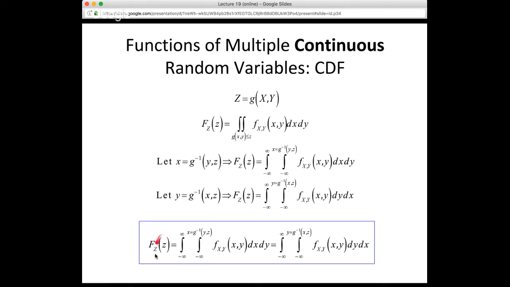So the CDF for Z, that is, the probability that the random variable Z is less than or equal to a specific value of Z, is equal to this double integral where we solve for X in terms of the inverse function of g, or the double integral where we solve for Y in terms of the inverse function of g.